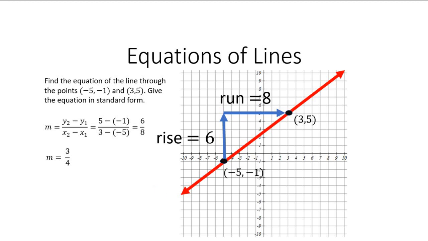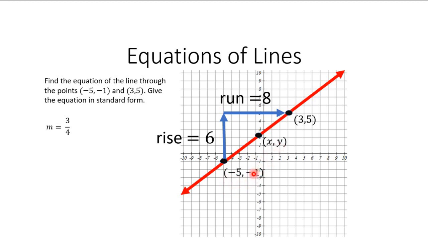So now we're going to use this slope with the point negative 5, negative 1 in order to come up with the equation. 3/4 is the slope, and I'm going to find the slope between this arbitrary xy pair and the fixed pair negative 5, negative 1, which is x1, y1, which has to have the same ratio, 3/4.